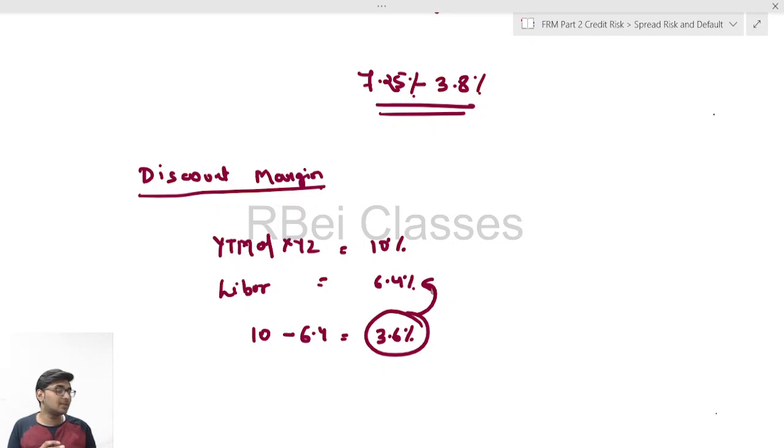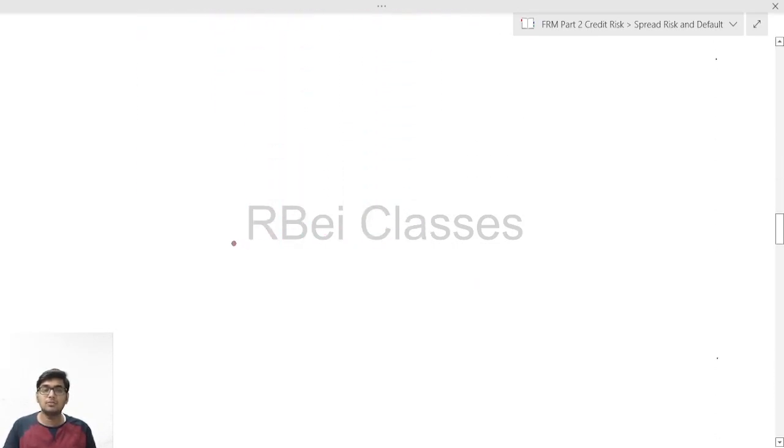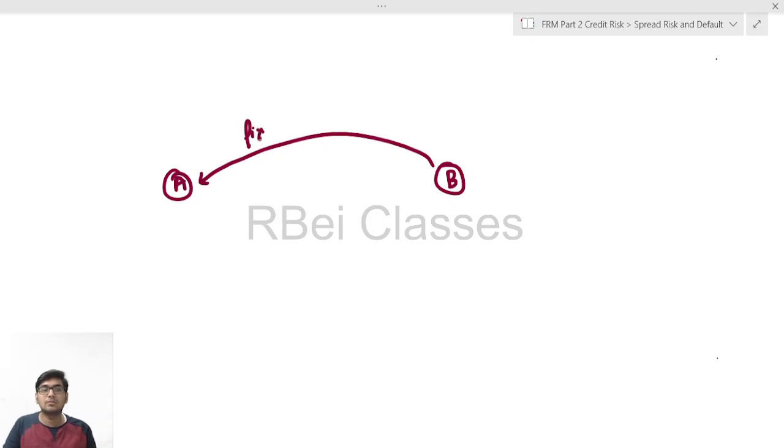Similarly, the asset swap spread is the spread on the floating leg of the asset. You remember A and B: he is paying fixed, and when it comes to him, he is paying floating. What is he paying?